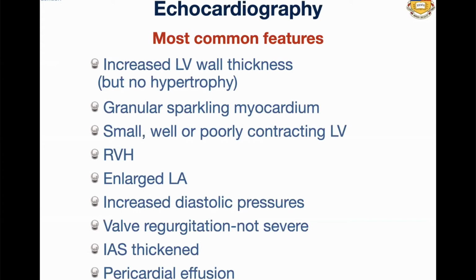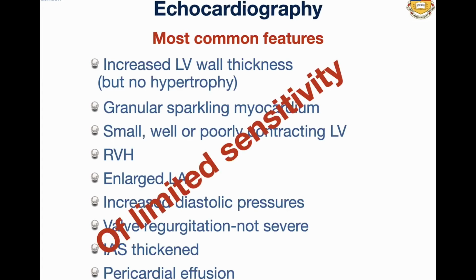Valve regurgitation is usually mild, with interatrial septal thickening and pericardial effusion, which is generally a poor prognostic indicator. But all of these traditional echocardiographic features are of limited sensitivity. So don't base your diagnosis on that.